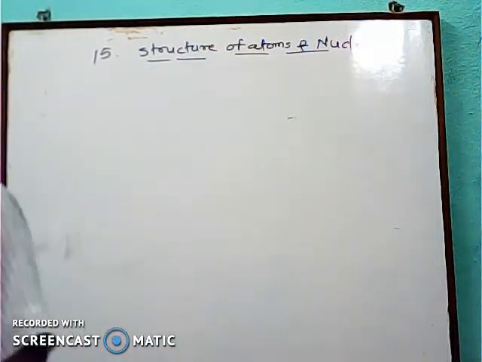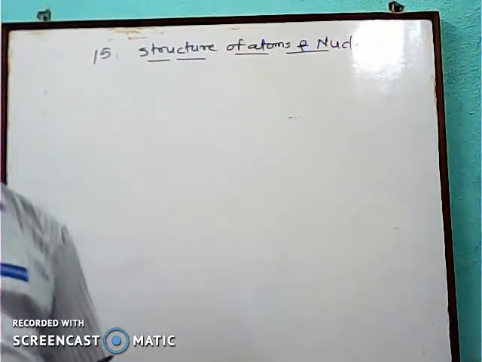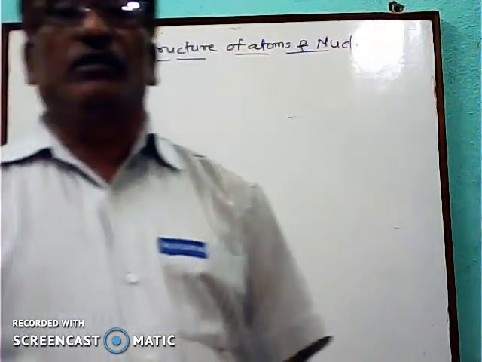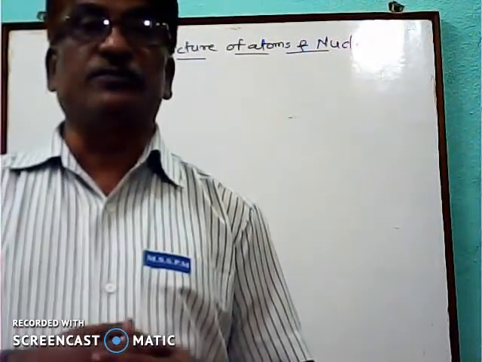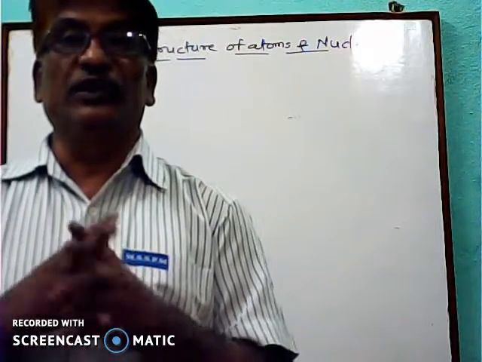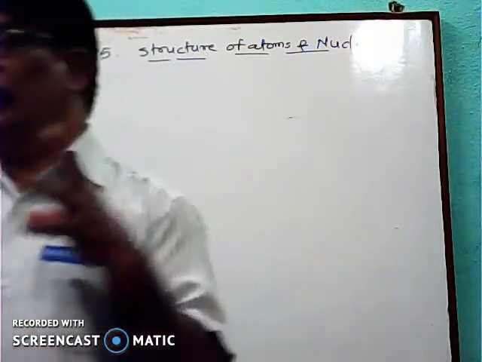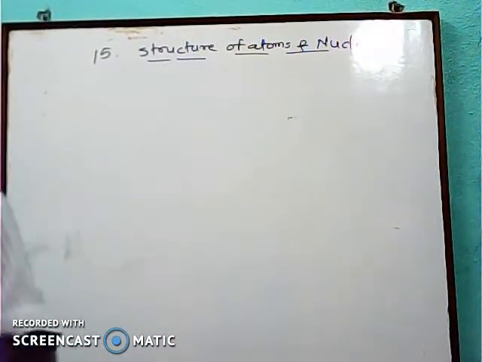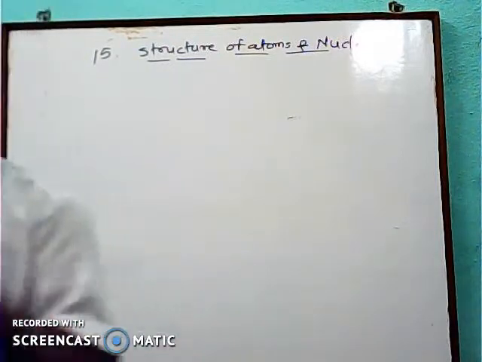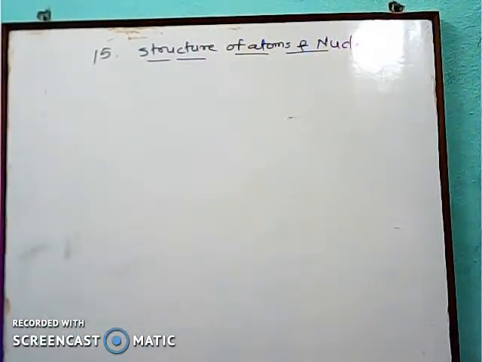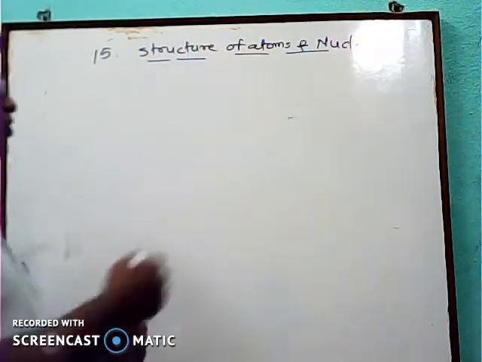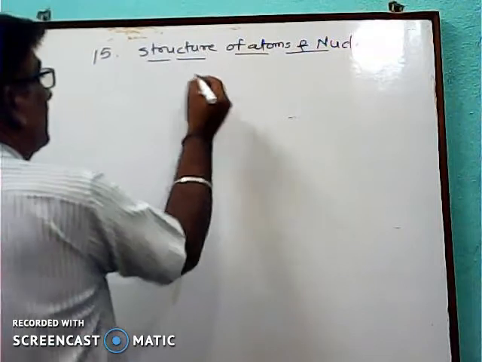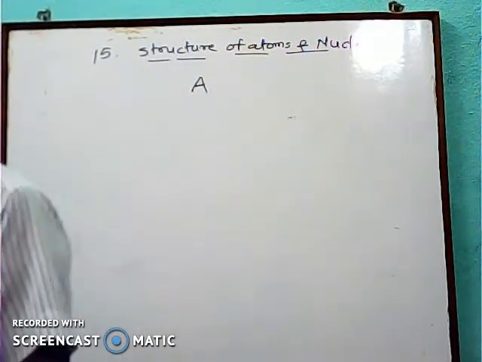But obviously the size of the nucleus depends on the number of nucleons present in the nucleus. The number of nucleons means the number of protons and the number of neutrons. The mass number is A for an element.